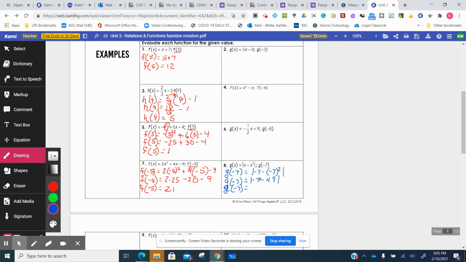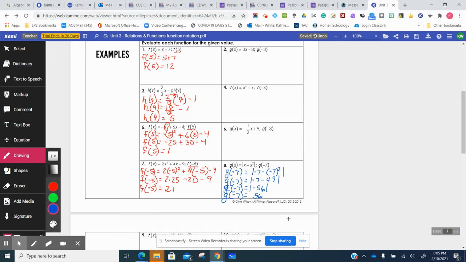Sometimes you all are just throwing answers in here, so I'm never able to tell, quite frankly, if you understand anything that you're doing. -7 minus 49 is going to give us a -56. I like to show my work. I know Mr. McHugh does, and I know Miss Morrison does. And when you show your work, it really shows what you know. So this is going to end up as a positive 56.